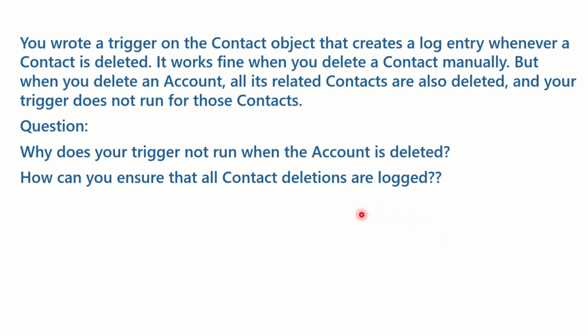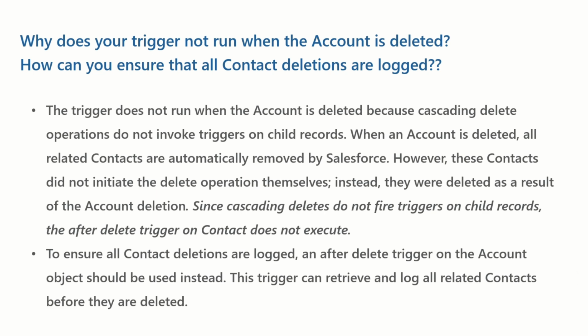Okay, so basically this question is about why the trigger on a child object is not getting triggered if the parent object record gets deleted. The answer is, the trigger does not run when the account is deleted because cascading delete operations do not invoke triggers on child records. This is a very important concept.